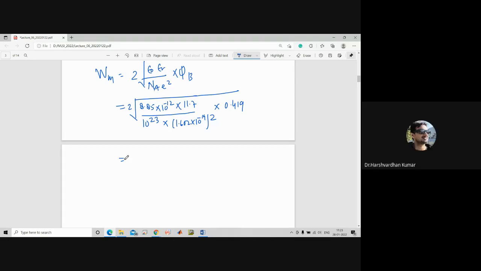How much are you getting? 25,714,260? You are getting 260, right? But what about the unit? So the unit you are not getting, right?